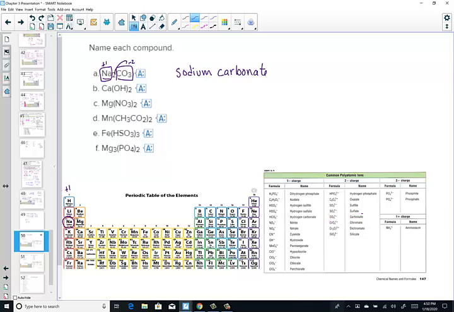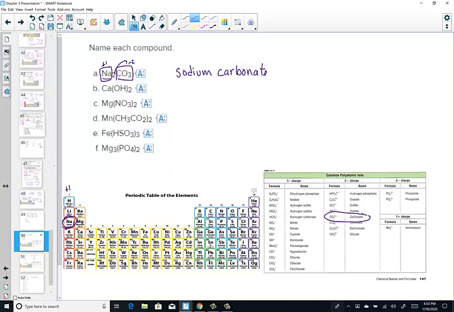I found the symbol sodium, Na, and named it. Check to see if it needed a Roman numeral. It does not. Then the last ion is a group of atoms acting as a unit. More than one atom are present in that last part of the formula. So that's how I know to go to the polyatomic chart. CO3 will be called carbonate.